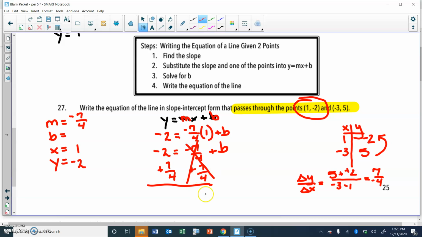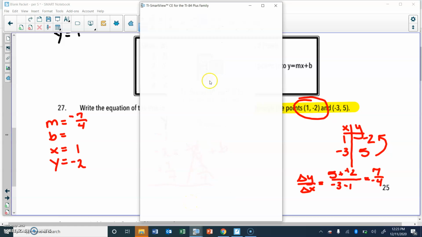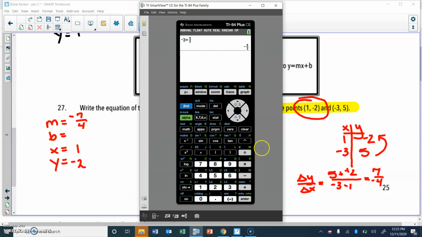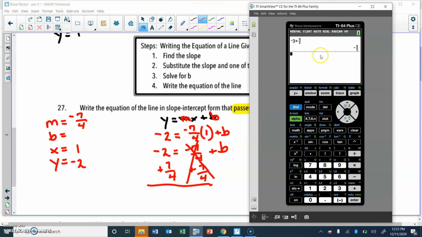So I just have to put it in my calculator. Ooh, where is my calculator? Oh, there it is. So I'm going to put in my calculator -2 plus 7 over 4.